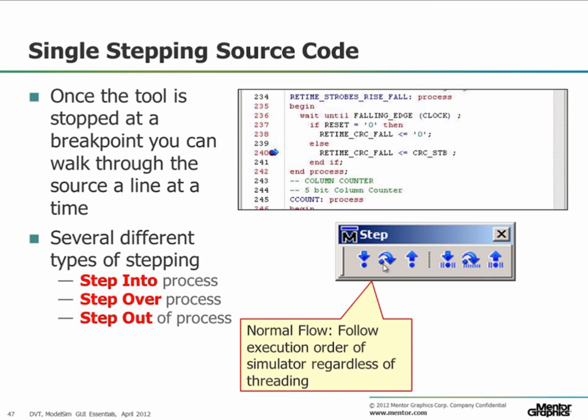Another one is called step over, and that says I'm stepping along, but if I hit a function call, go ahead and run all the code in that function and then step to the next line. So it is don't follow down into a sub-function call, run the function, and then step to the next line in the file I'm in. And then there's step out, which just says step out of this code. If I'm in a function call, step up and come out of there and then stop.